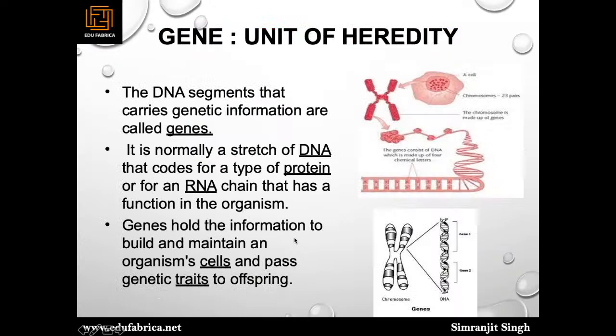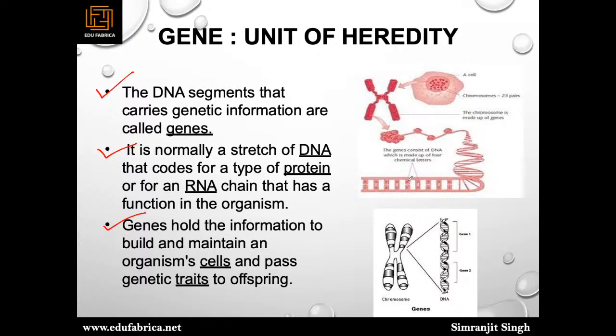Now, the gene acts as a unit of heredity. DNA segments that carry genetic information are called genes, right? It is normally a stretch of DNA that codes for a type of protein or for an RNA chain that has a function in the organism. Genes hold the information to build and maintain an organism's cells and pass genetic traits to offspring.